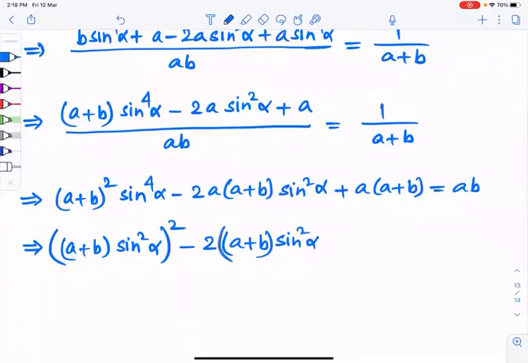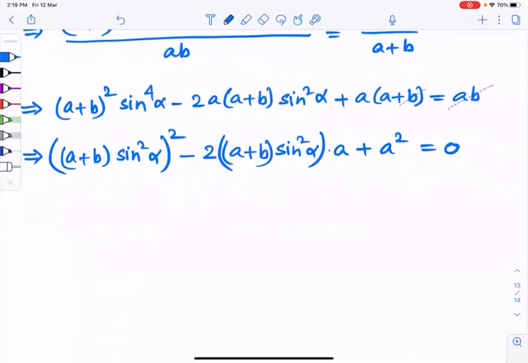Let us keep that in bracket into a. 2 I have written, a plus b sine square alpha I have written here, and a is there, I have written that a here. And in the other terms, there is a into b that will be cancelled with the right hand side ab. So let me show it here. Ab will be cancelled with this, and we will be only getting a square here equal to 0.